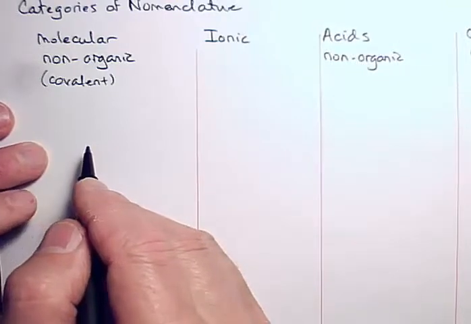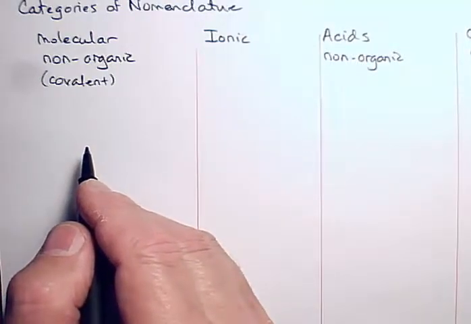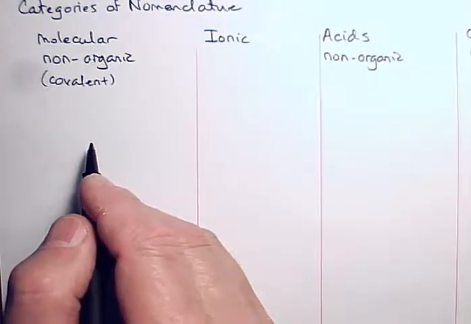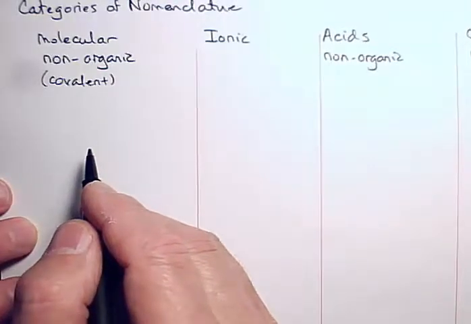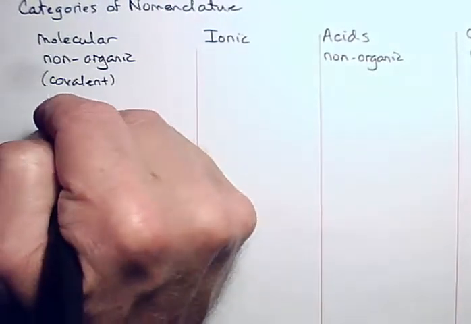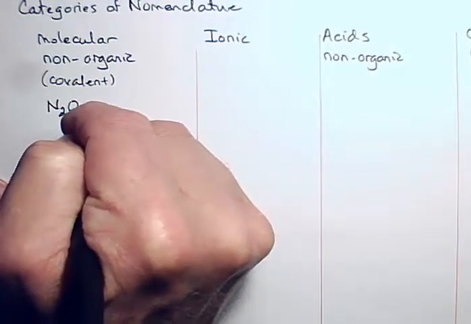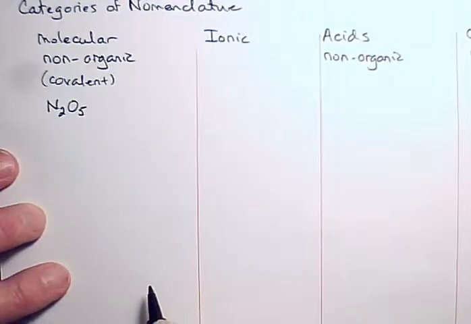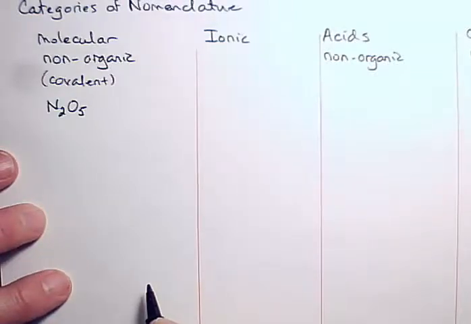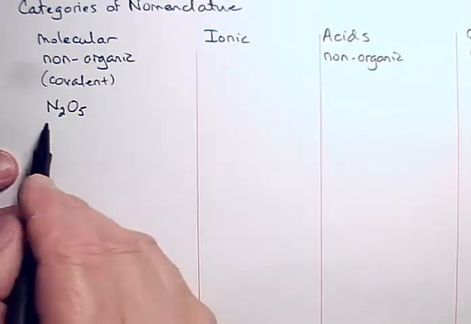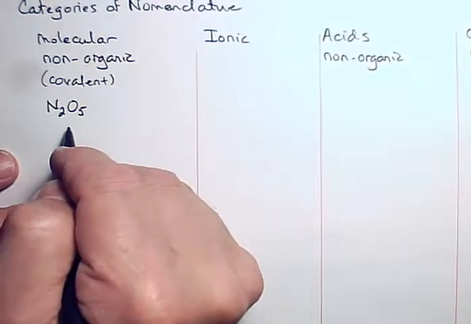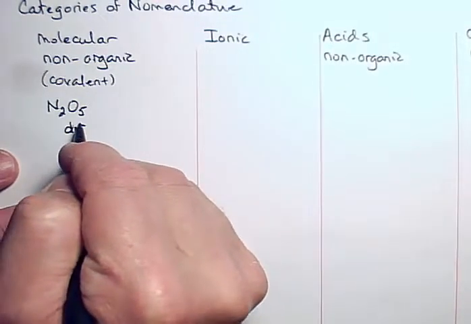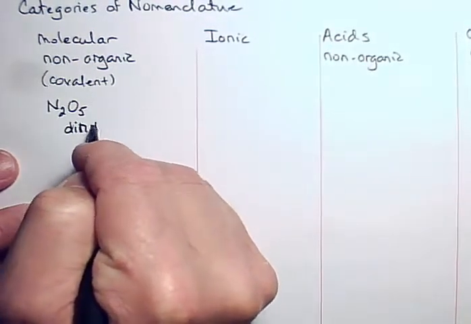If we're going to have a formula and write a name from the formula, the way that we write the name from the formula is we simply use prefixes to indicate the number of elements or atoms in the formula. I've got 2 nitrogens. That would be dinitrogen.